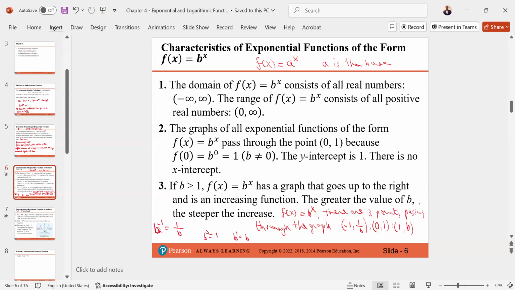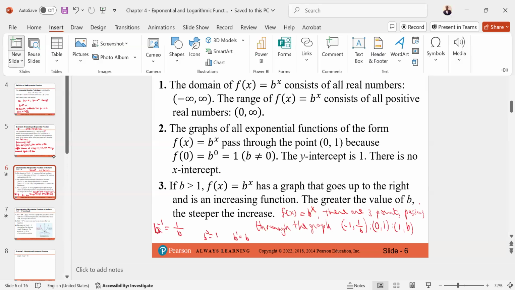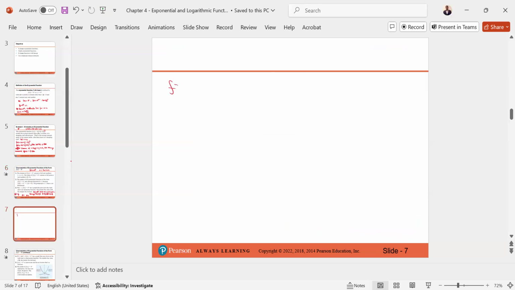So this is what we mean. I'm going to use a slide to explain this one. If we have f of x equals b power x, where b is greater than 1, we have an increasing graph that rises from left to right.